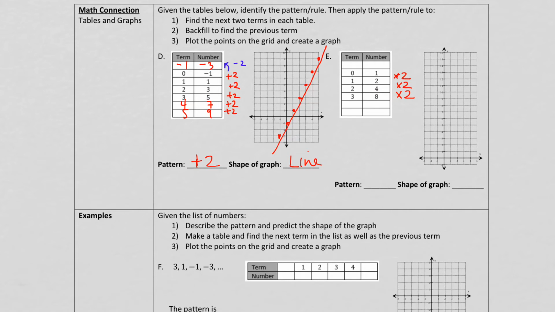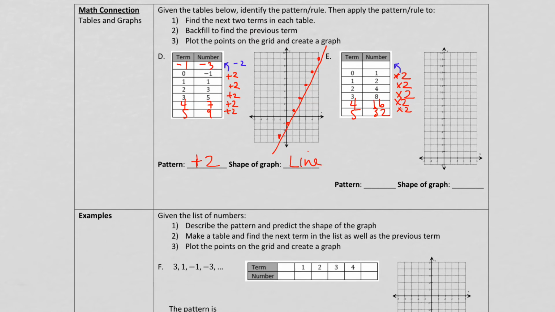To find the next two terms, the fourth and fifth, let's use that same pattern. What is 8 times 2? That's 16. Then 16 times 2 will be 32. Now again, to backfill to find the previous number, I'm going to use the opposite operation. I'm going to go in reverse.